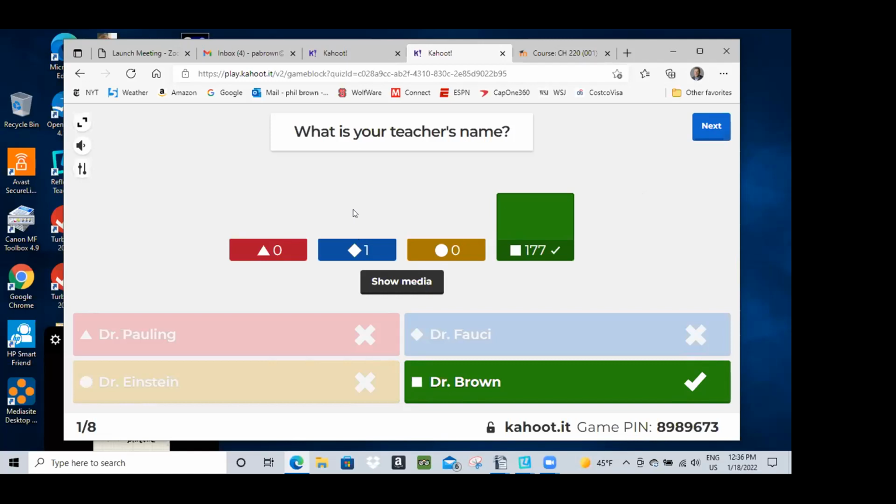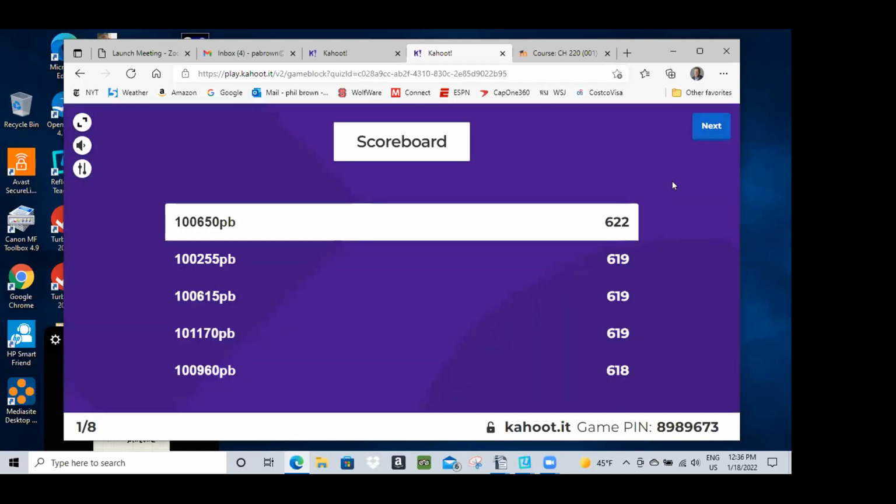So you might see a Kahoot question a second time if a lot of people got it wrong the first time. Okay, continuing on. So here's the scoreboard. And these numbers, don't worry about it. It depends upon how fast you logged in and if you got it correct. But again, whoever this person is, you're at the top of the leaderboard, but don't worry about it.